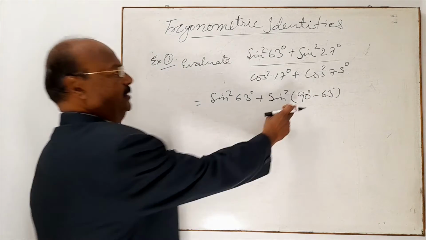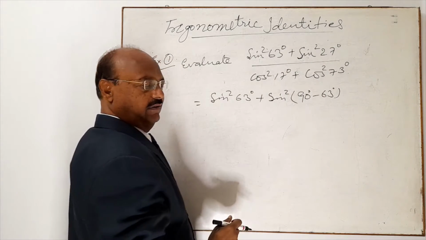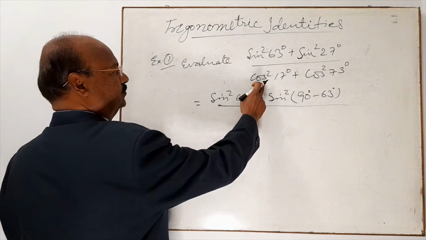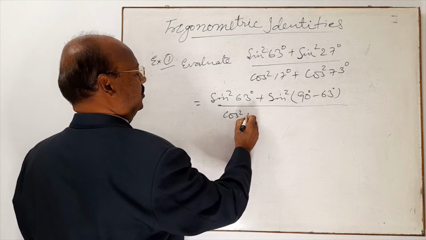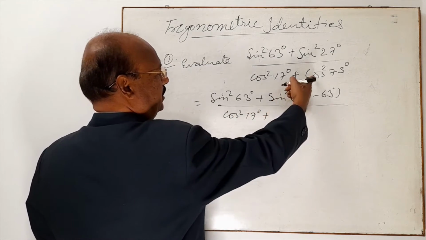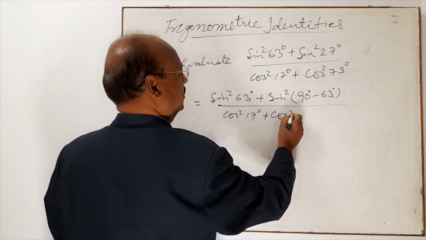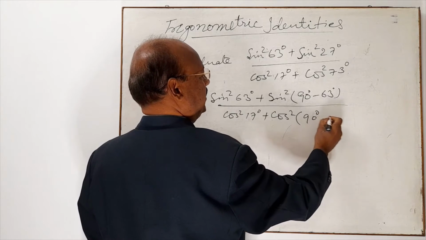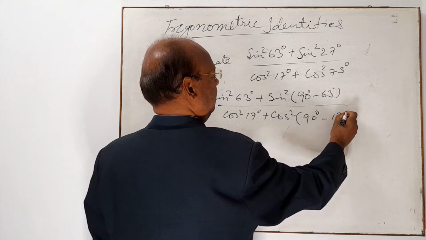Correct? 90 minus 63 is 27. And similarly, in denominator, this is cos square 17 degree, and this cos square 73 can be written as cos square of 90 degree minus 17 degree.